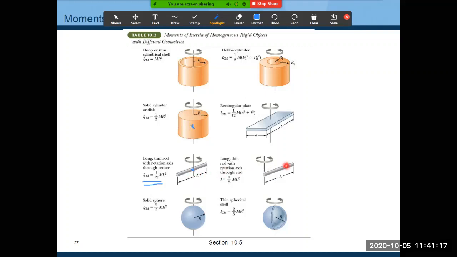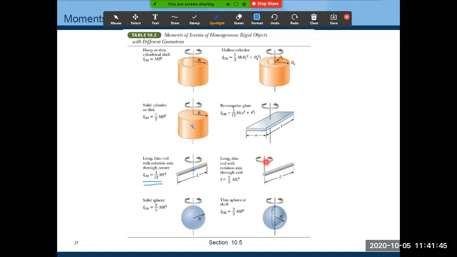It is just that the axis has been translated from the center of mass to the end of the rod, moving parallel along the length of the rod by a distance L/2. So the two axes of rotation are parallel.